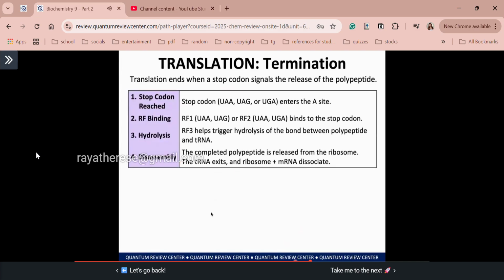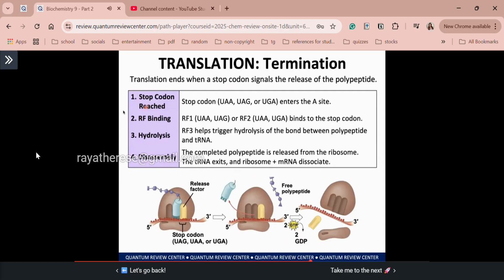Again, when your ribosome detects that there is a stop codon, UAA, UGA, UAG, it will then facilitate the entry of this stop codon to the A site. And here come to the rescue our release factors.